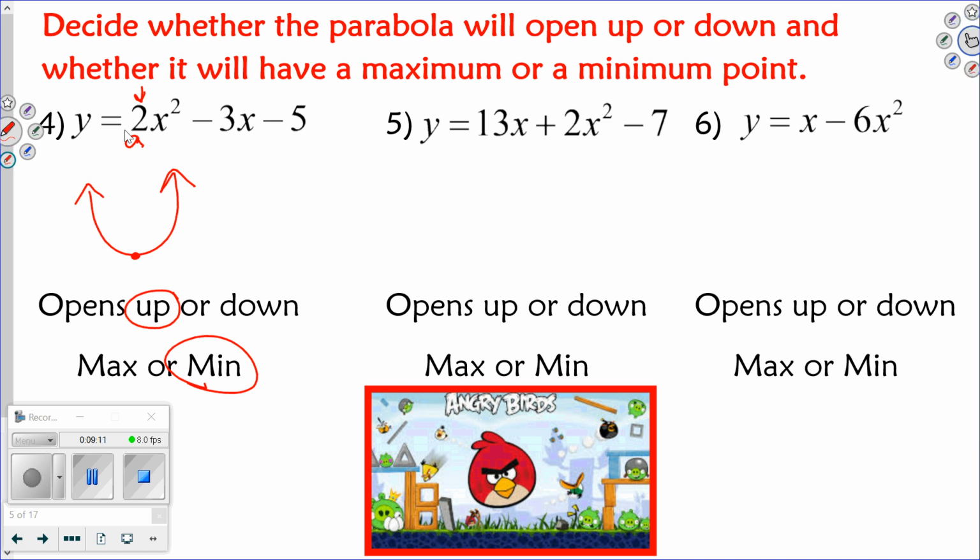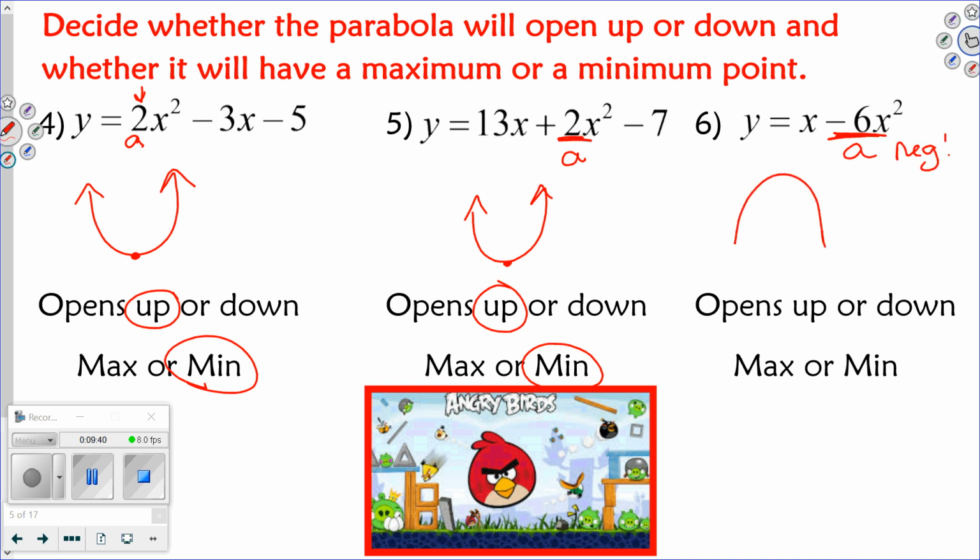Okay, number 5. My a value is a 2. Good, this is not in standard form. There's your a value. Is it going to be opening up or down? Up, because it's positive. A is positive, it goes up. And that's a minimum again, because it's going to be the lowest point on the graph. And number 6, down, because my a value is negative.